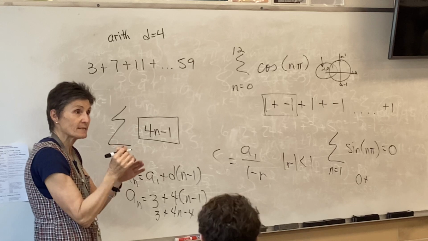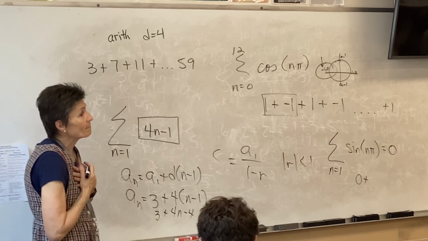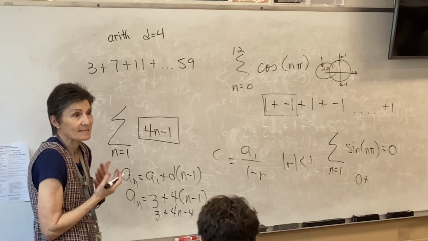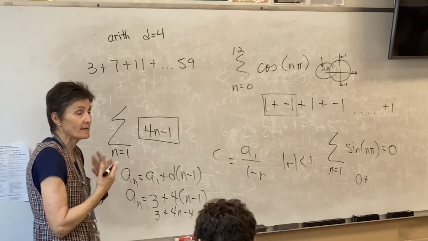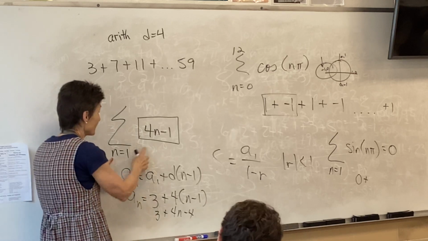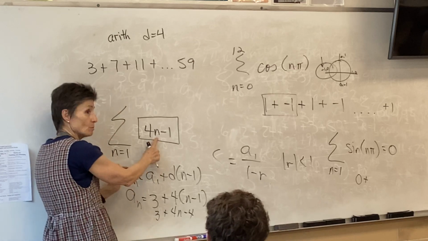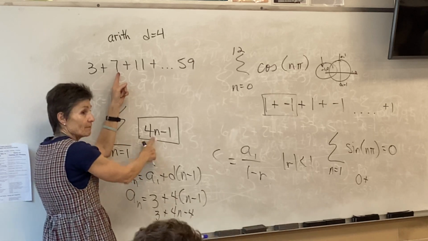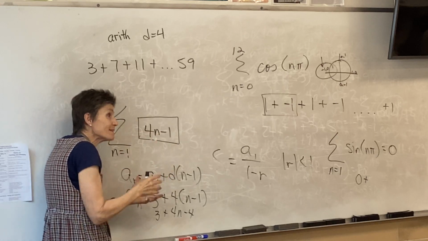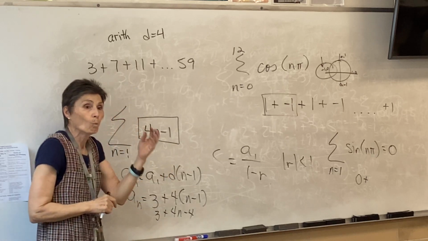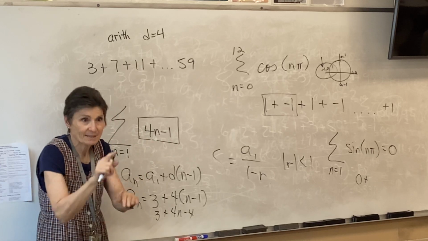Now I want you to see this works. If I'm writing my own sigma, I want the first term to be n equals 1. So I plug in 1, and I get 3. What if I plug in 2? And if I plug in 3, see, this is the formula. The only thing I need to figure out is where to stop. Don't overcomplicate it.